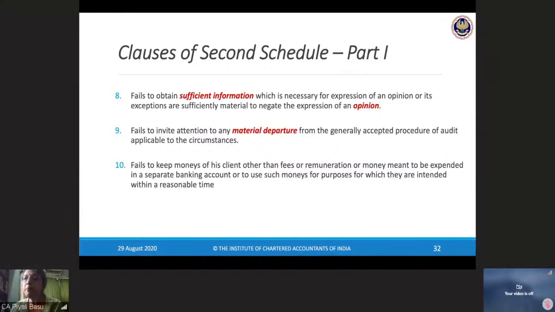So if we make a material departure from such guidelines, we will be guilty of misconduct under Clause 9. What does Clause 9 imply? That audit should be performed in accordance with a generally accepted procedure of audit applicable to the circumstances.